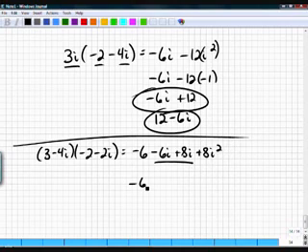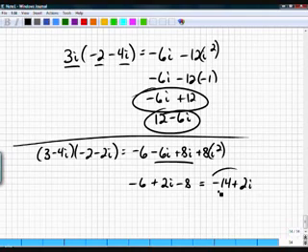Combine the middles, you get negative 6 plus 2i. And again, anytime you have an i squared, that's negative 1. Positive 8 times negative 1 would be minus 8. So that's going to be negative 14 plus 2i. And again, it always amazes me. Multiply two complex numbers, get another complex number. It's the same form. That's it. We're done.